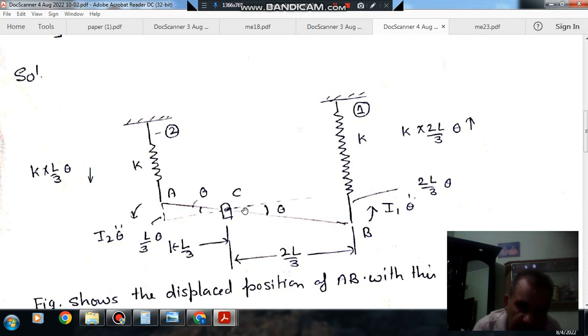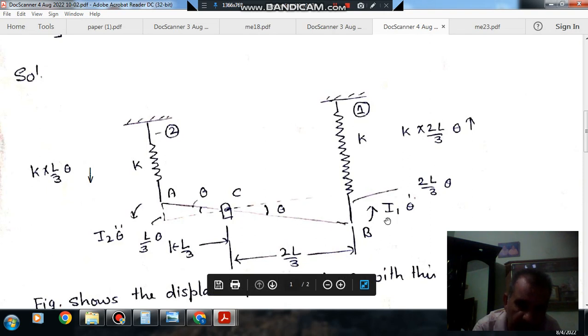Suppose I1 is the moment of inertia for this portion, and I1 theta double dot is the inertia torque for this portion. It will be in a direction opposite to the angular displacement of the rod. As the displacement is clockwise, the inertia torque for this portion will be in counterclockwise direction.